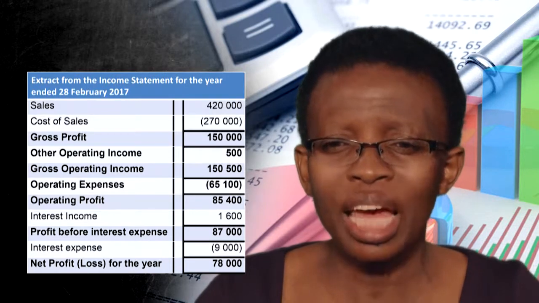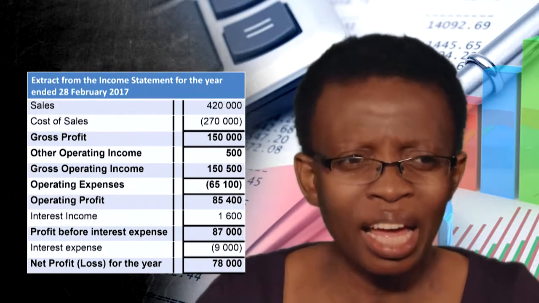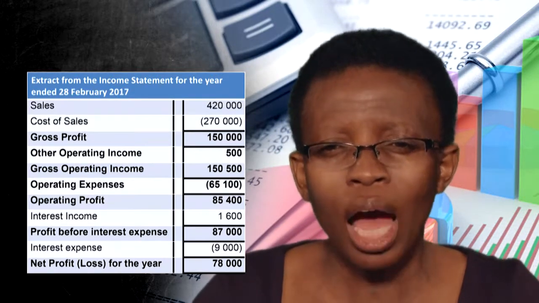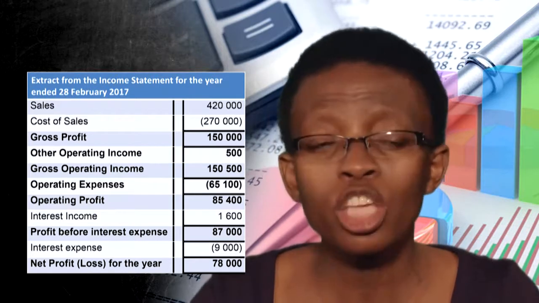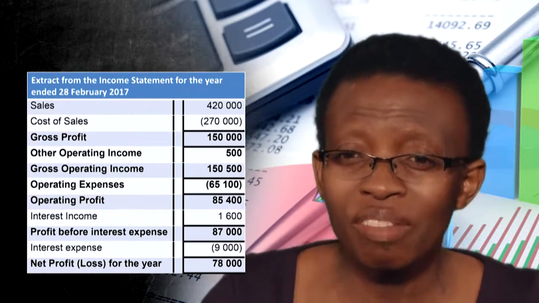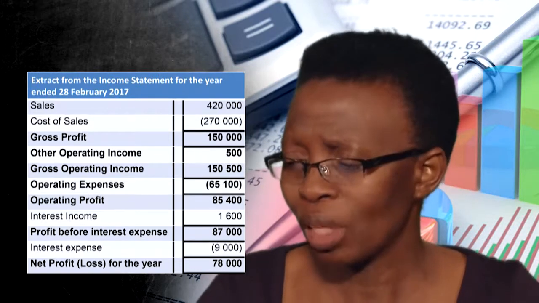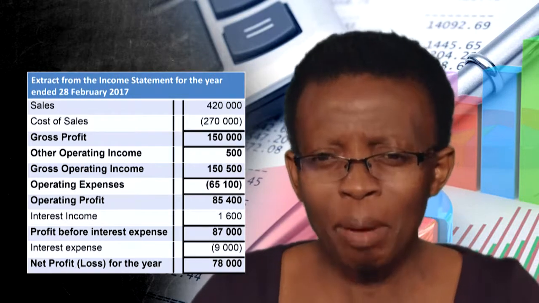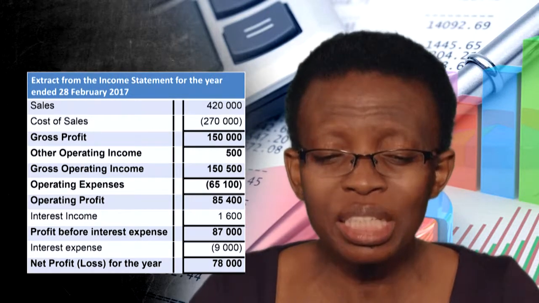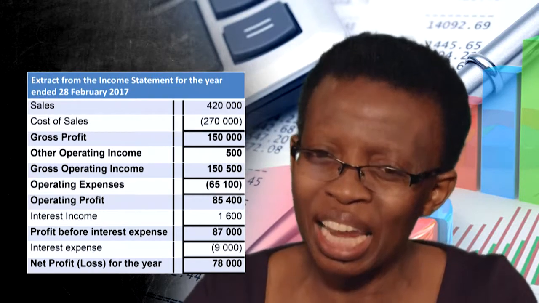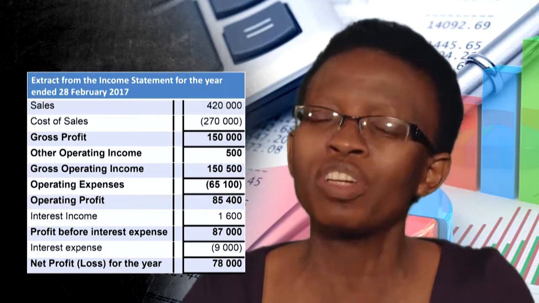Yes, because 18.6 is higher than 17%. Therefore, our net profit ratio has gone up by 1.6% for the 2017 financial year. Now, what could have led to this improvement? Remember, our operating expenses have also gone down. So if operating expenses are less, it means net profit is being increased.